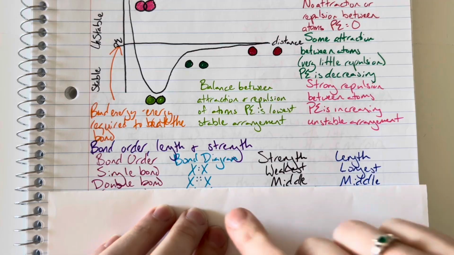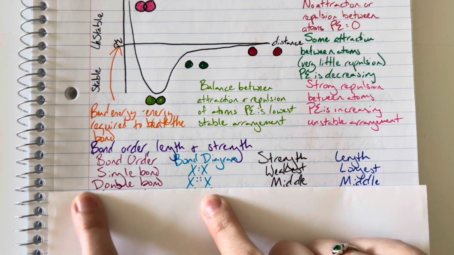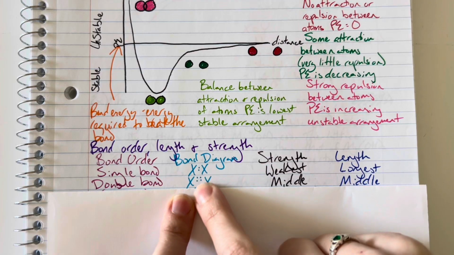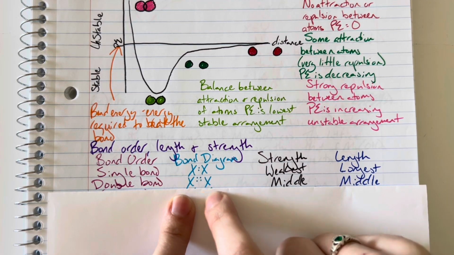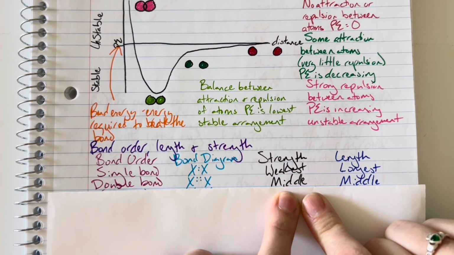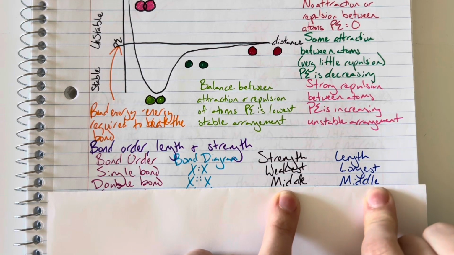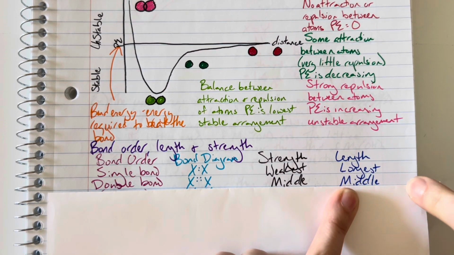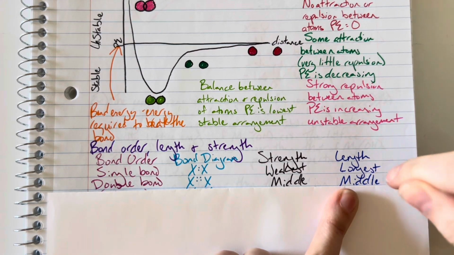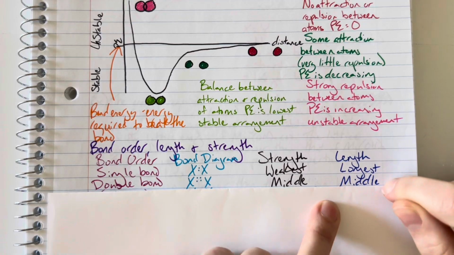This is directly compared to the double bond, where again we're going to have 4 valence electrons shared here, 4 dots stacked. This is a middle of the road level of strength, and the length is going to be slightly shorter than the single bond, but not quite the shortest.